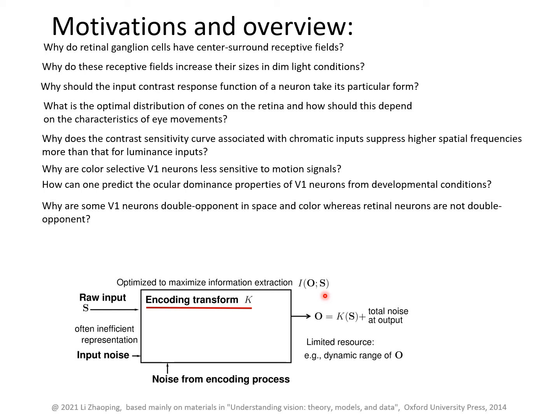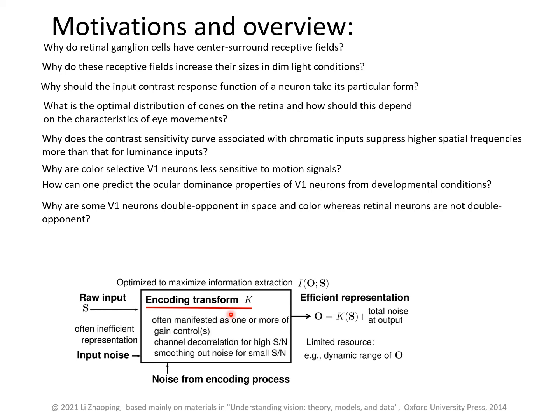When this is done, the output O is said to form an efficient representation of the input S. As a result, K is often manifested as gain controls, causing decorrelation of the output channels when the input signal to noise is high, or smoothing out noise when the input signal to noise is low.